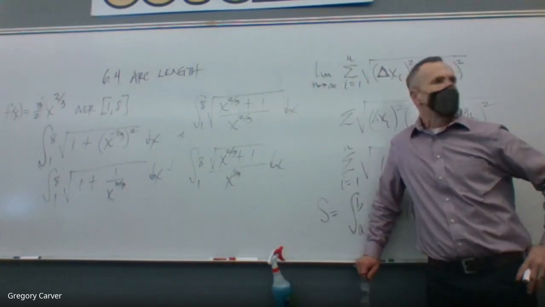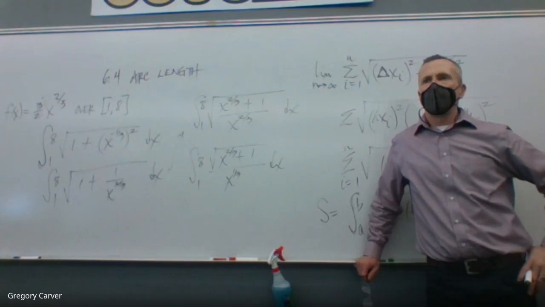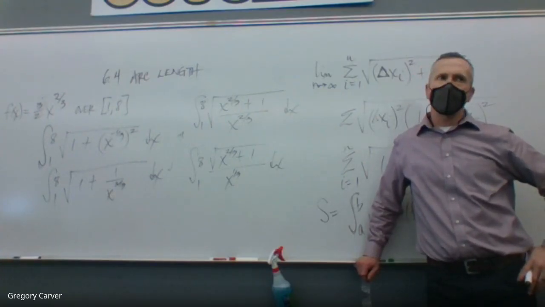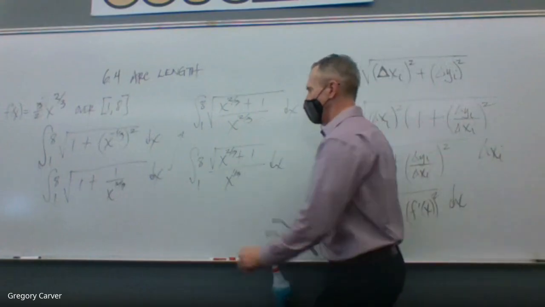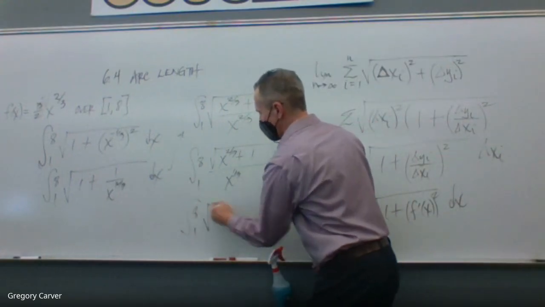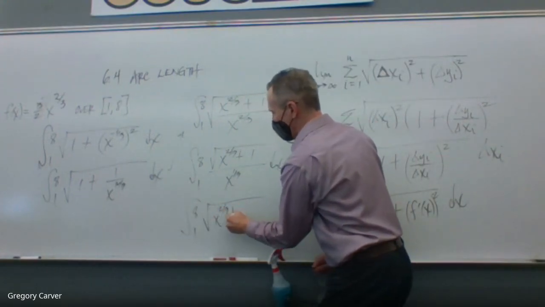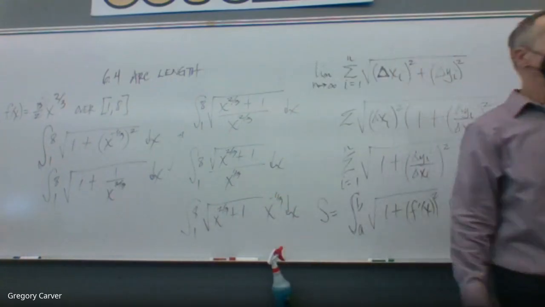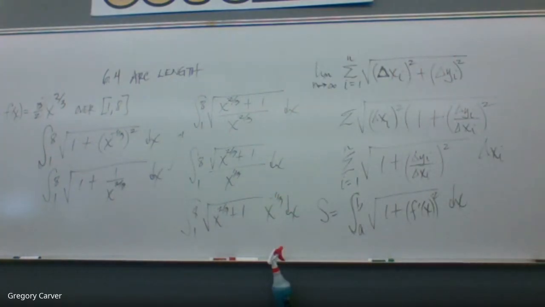Pilar, you hanging in? Love it. How are we doing, people? I think we just about got it, don't we? I can actually take this up to the top if I wanted to. This is from 1 to 8, square root of x to the 2/3 plus 1, x to the negative 1/3 dx. True? Just brought it up to the top.